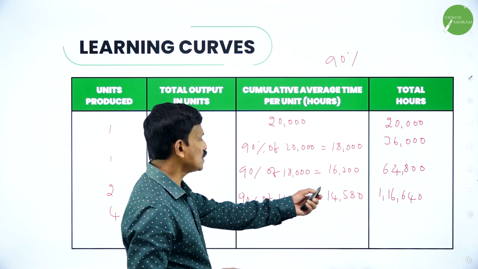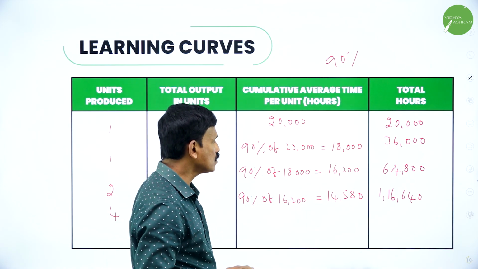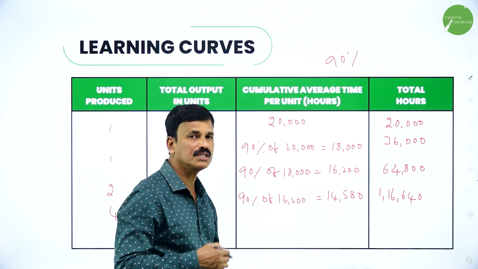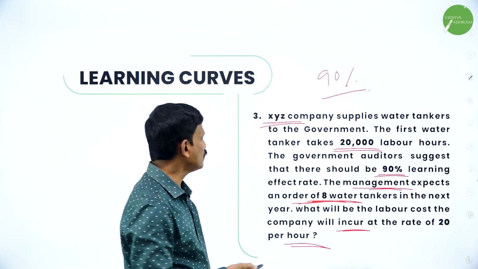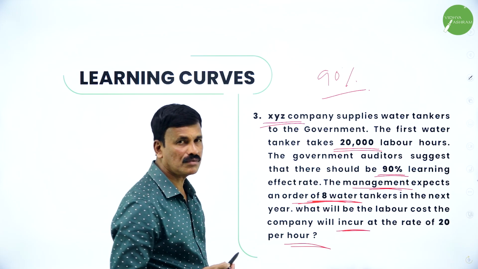So the total time is 1,16,640. Calculate at the rate given, 20 per hour.